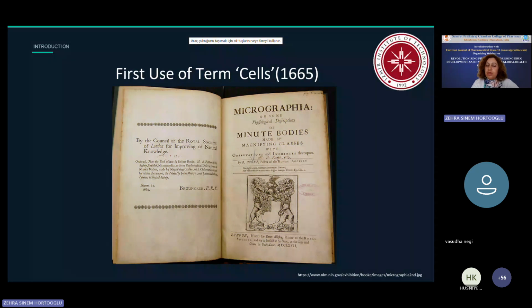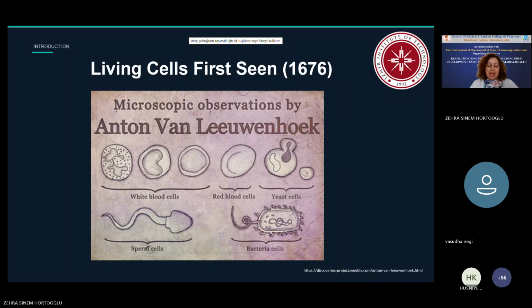The first use of the term cells was by Robert Hooke, and Anthony van Leeuwenhoek wrote Micrographia.